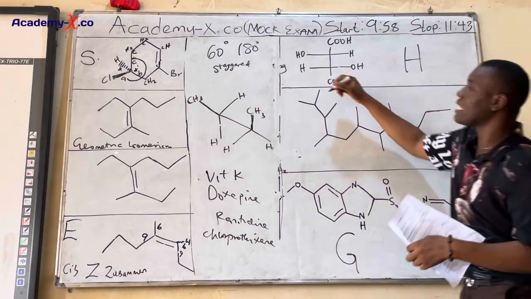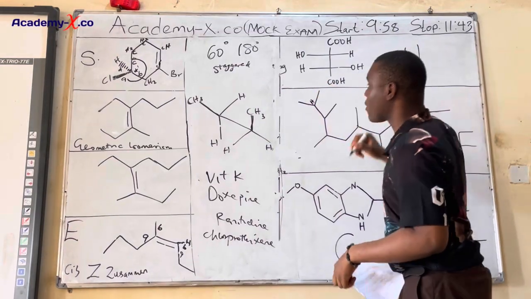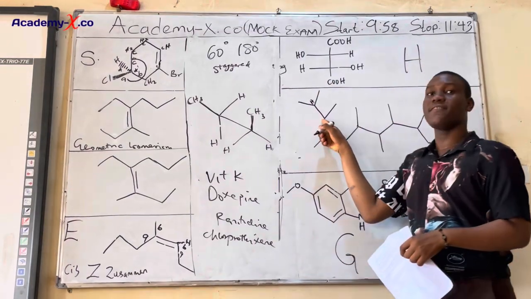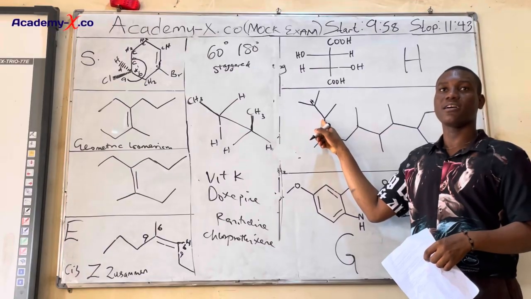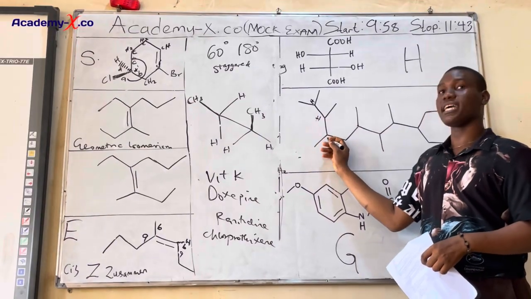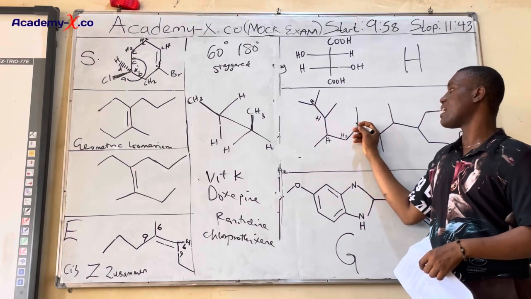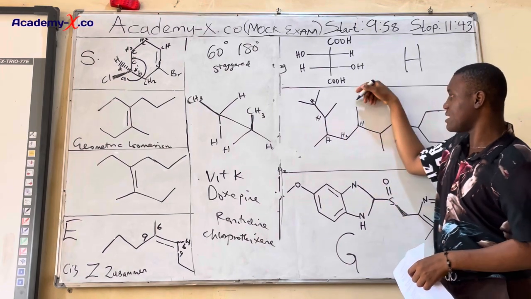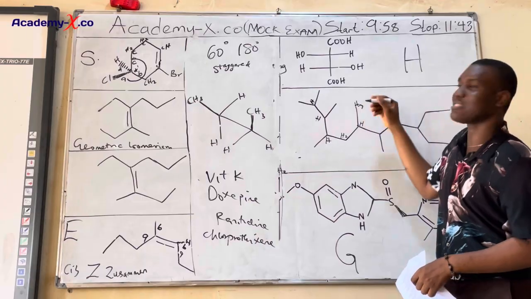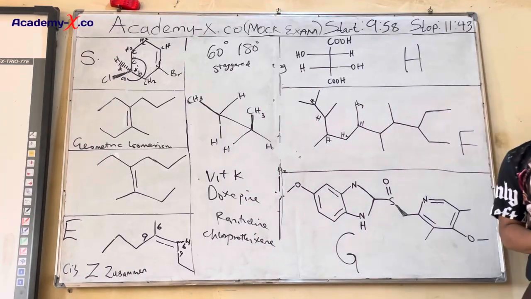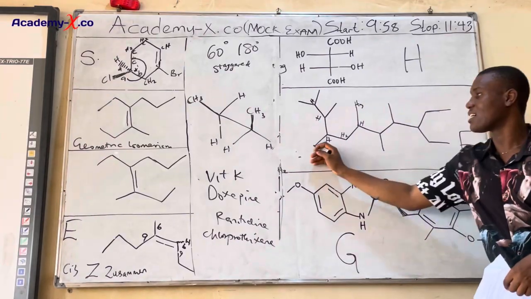Now, there are invisible hydrogens. Am I correct? Is there any invisible hydrogen here? Yes. How many? One. Correct. How many is here? One. How many is here? One. How many is here? Three. Correct, three invisible hydrogens. How many is here?